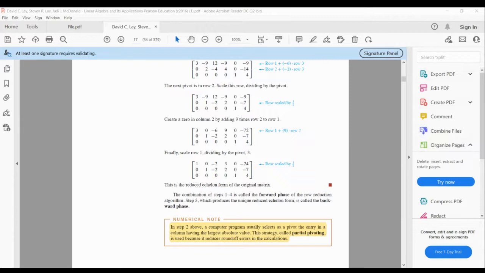And that's called partial pivoting. And the reason MATLAB will do that is because it reduces round off errors in the calculations. That's what's going on there.